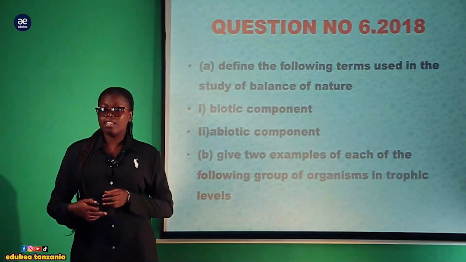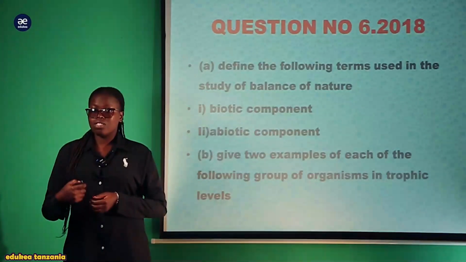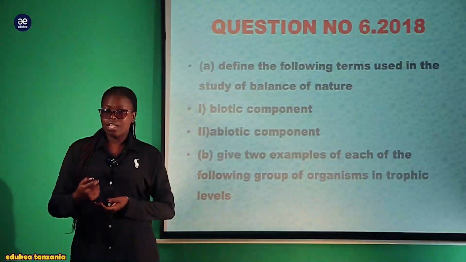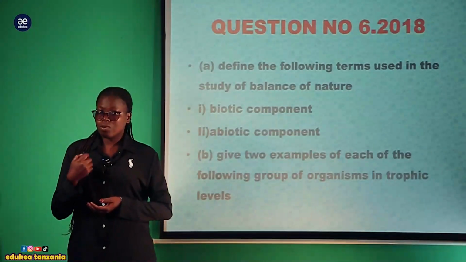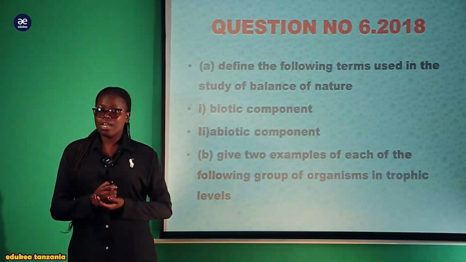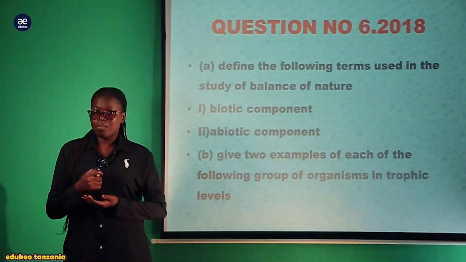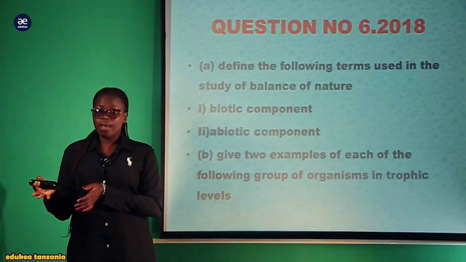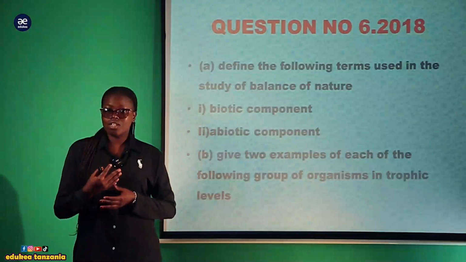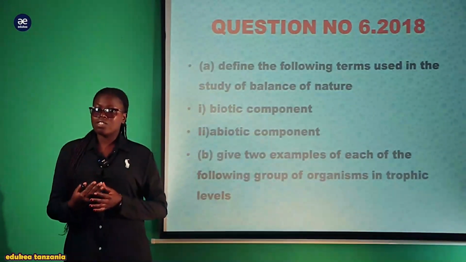That food is glucose, which is also converted into carbohydrates and protein, which once consumed by organisms, they get the energy they use to perform a variety of cellular metabolic activities. So you see how air, as an abiotic component, interacts with living components. This is all about the balance of nature. It's a very interesting topic.